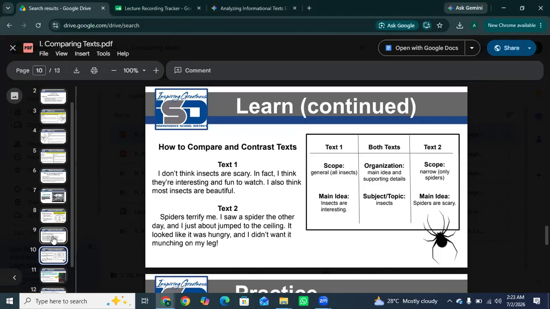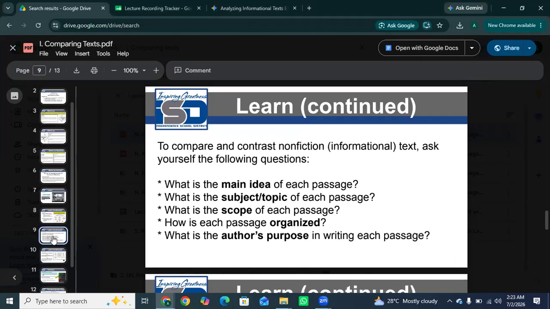You can say that text one talks about all insects, which is a broad scope or main idea, and says they are beautiful and interesting. And text two only talks about spiders, which is a narrow scope, and says they are terrifying.